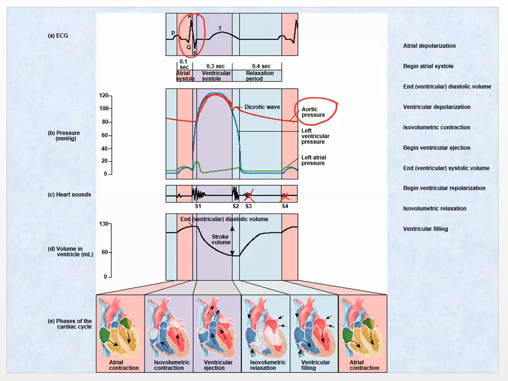Then, as the ventricle relaxes, the aorta starts to lose some of that pressure, but then the semilunar valve slams shut, and so the aorta keeps the blood in there. The blood doesn't have anywhere else to go except forward.